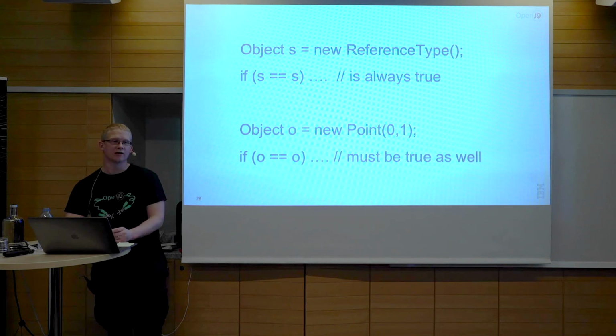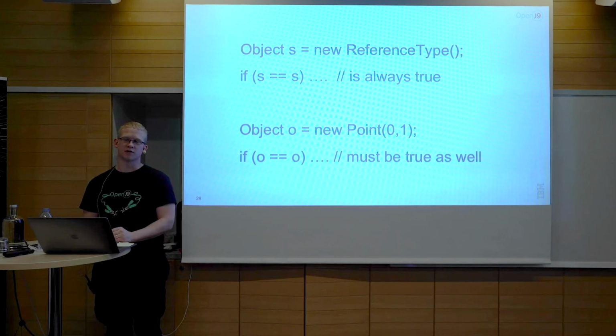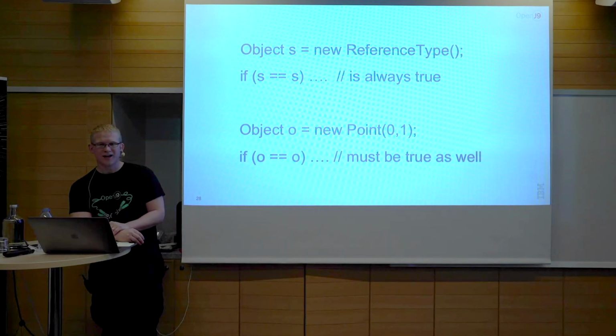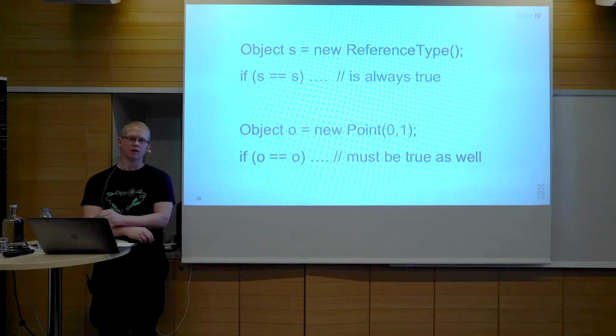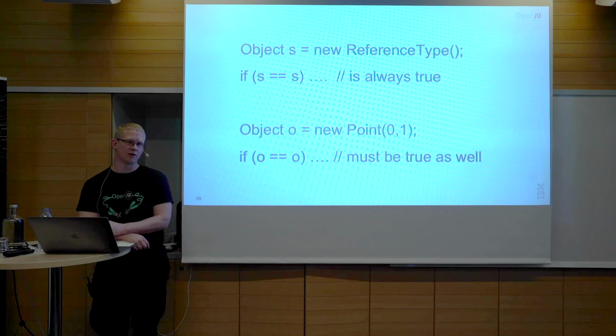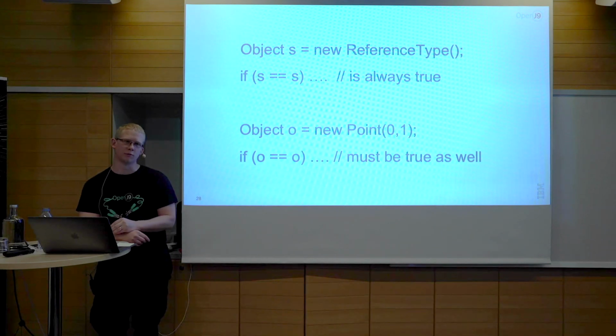And since we allow inline types to be assigned to objects, we need to maintain those same properties. And as an expert group, we argued about this one for a long time because I personally really kind of hate this. It would be very nice if the VM could just get away with saying, no, it's an inline type, and so any equality operation on it returns false. But there's just too much code in the world like this that we would break if we started to do that. And it would be a very hard user model for people to live with.